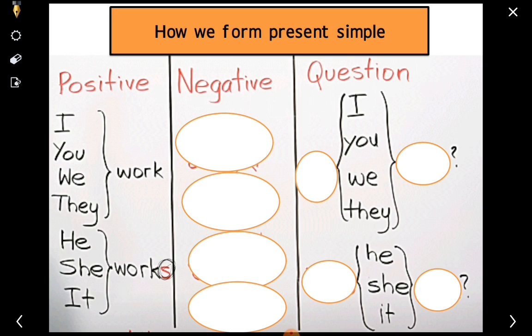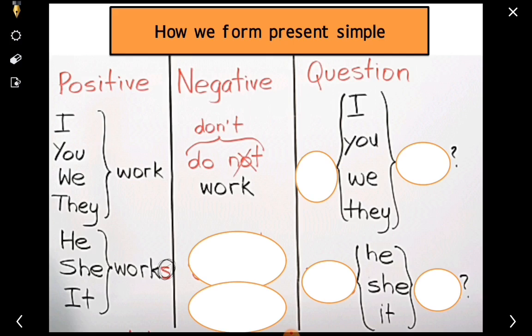What about the negative form? The negative form is when we have the not idea. For example, I work, this is positive. But the negative is: I don't work. I can say I do not work. This is the long form, do not.